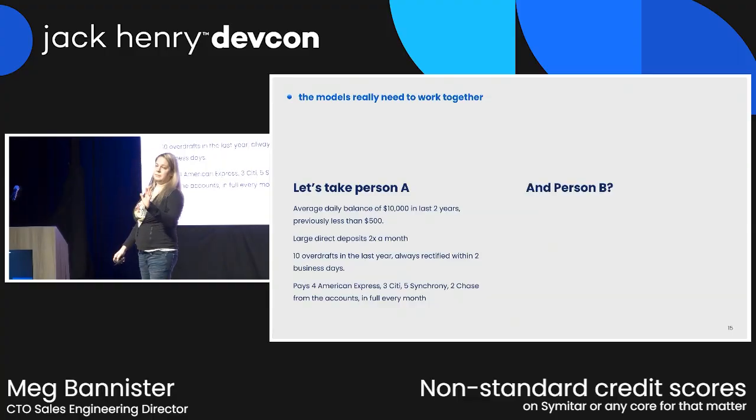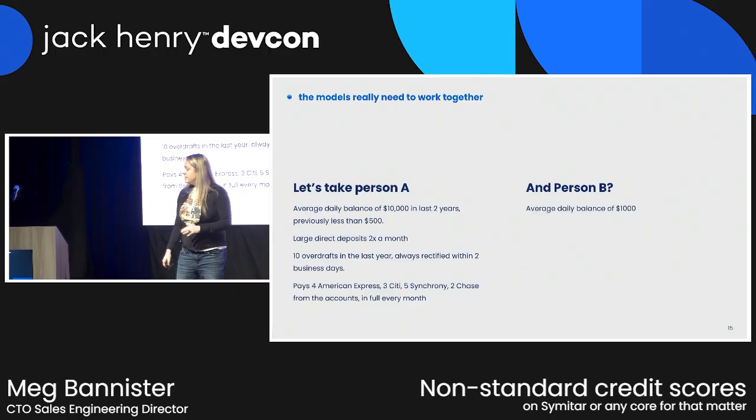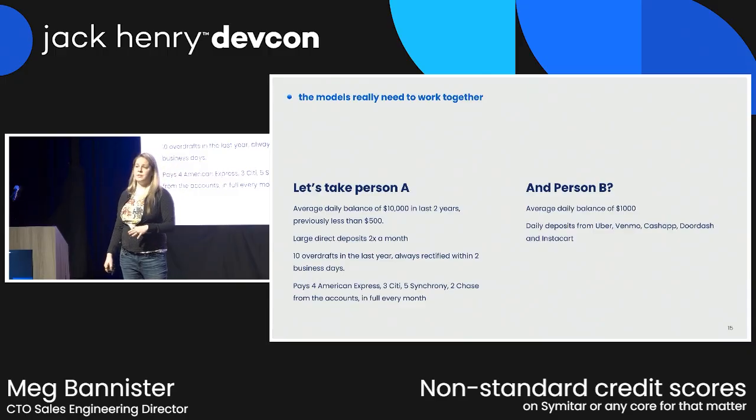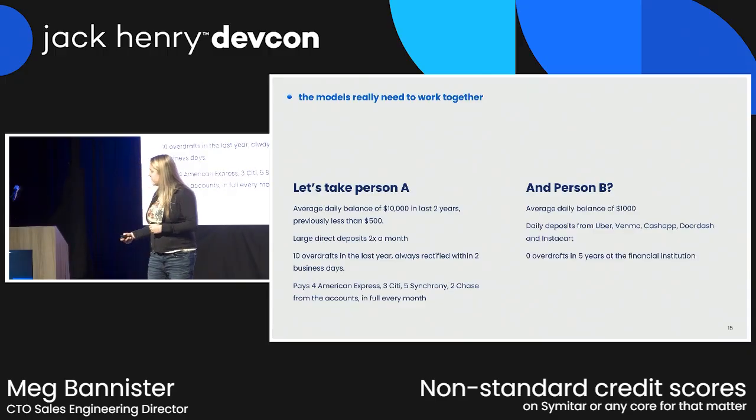Person B, same financial institution. Average daily balance, $1,000. It is consistent. It's been consistent for years upon years. They have daily direct deposits. They cash out daily from all sorts of gig apps, so they're essentially cash, but they are doing it through electronic means, so they're getting some sort of reporting, some sort of W-9 or 1099 at the end of the year. They have no overdrafts at your financial institution.